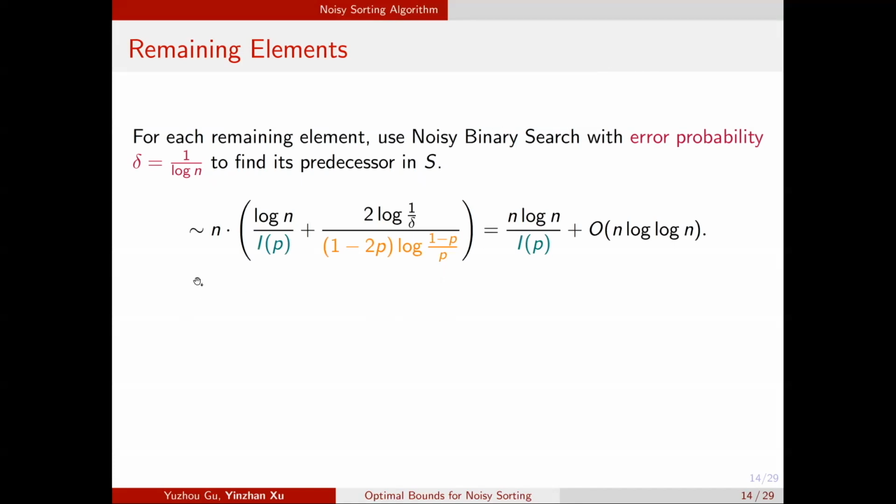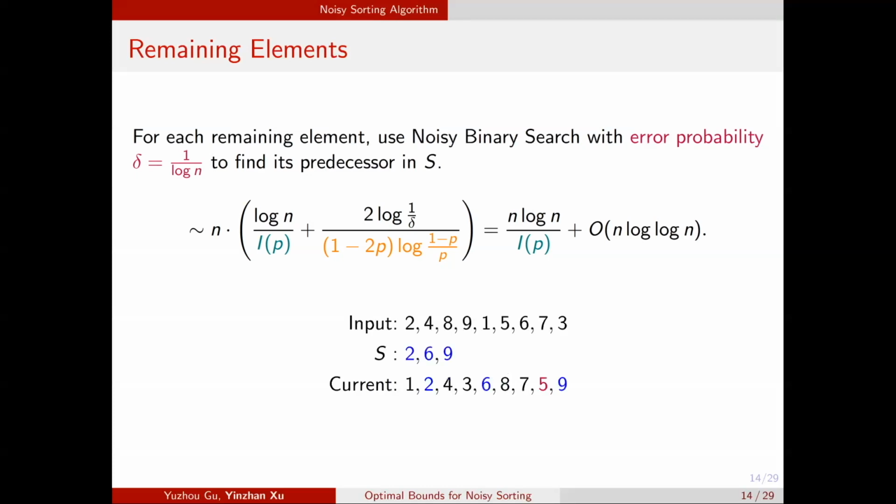There are roughly n remaining elements, and for each remaining element, we will perform noisy binary search, and this is the bound of our noisy binary search. The first part becomes our information bound, and the second part, because 1 over delta is only log n, ends up being O(n log log n), which is a suborder term.